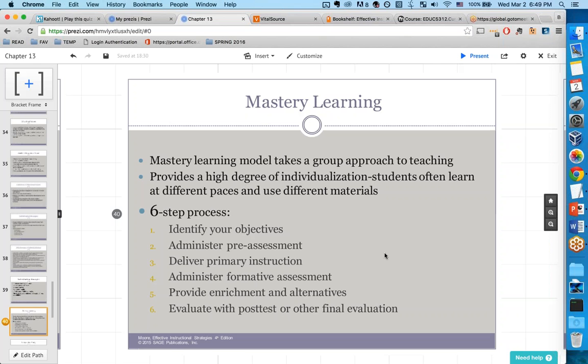Here are the steps: you identify your objectives, administer a pre-assessment, deliver primary instruction, administer formative assessment, provide enrichment and alternatives, and then evaluate the learning with post-tests or other final evaluation.